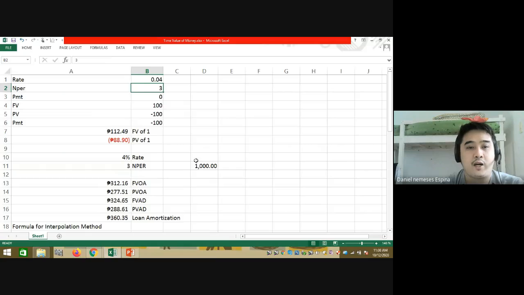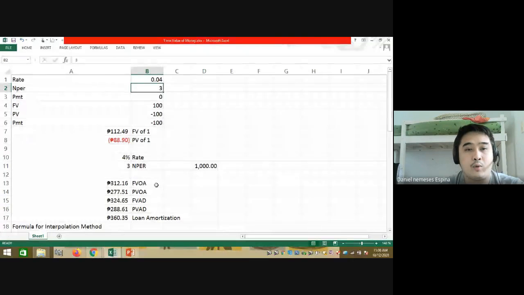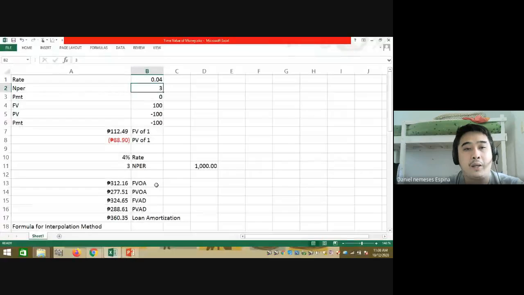What if instead of a lump sum formula, you are tasked to get the future value of an OA, or ordinary annuity? Meaning the payments are paid at the end of each period, the compounding period. Let's say the compounding is annual, so the payment is at the end.